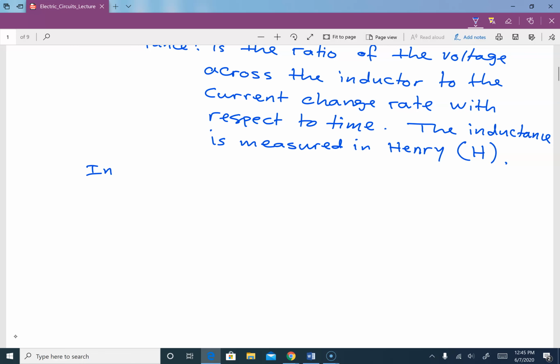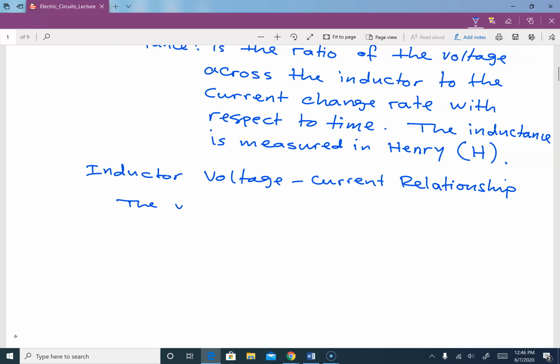So regarding the inductor voltage current relationship, we can say that the voltage across an inductor is V is equal to L multiplied by di over dt.